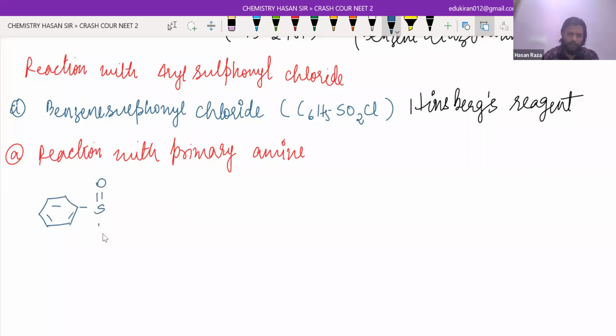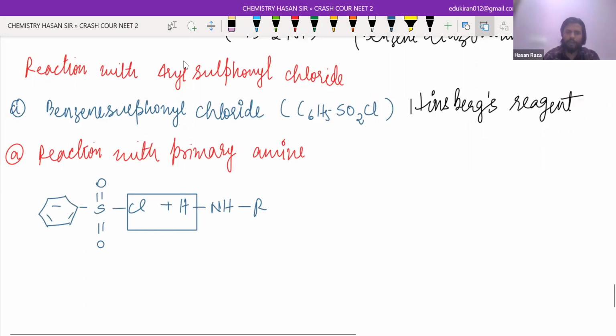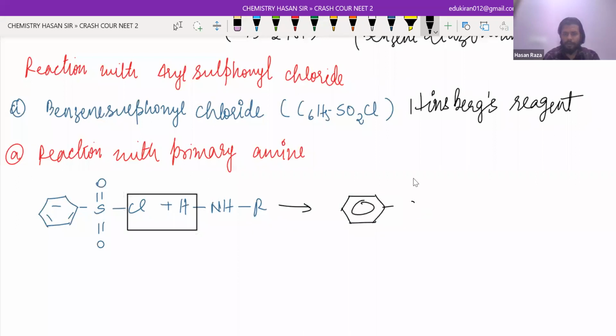And if you are going to react this with primary amine, I'm going to show it like this, RNH2. And then you just need to remove this HCl. If you are going to remove this HCl, what will happen? You will be getting sulfonamide.